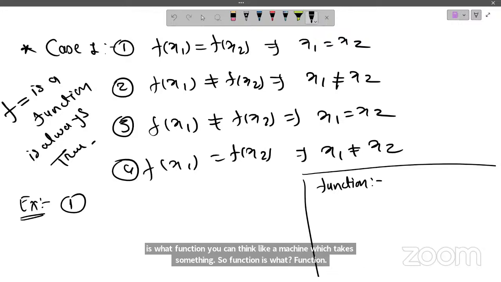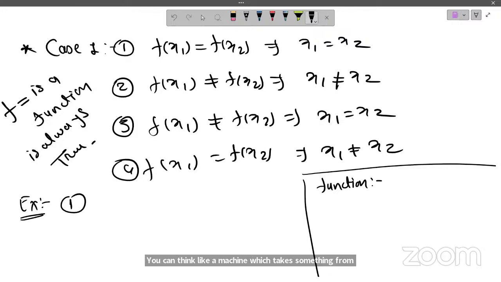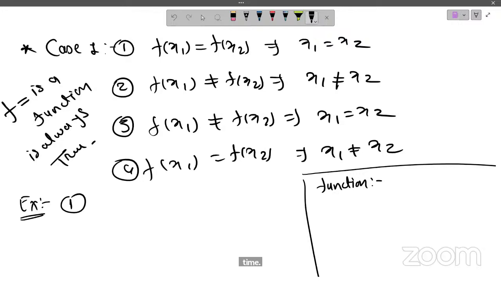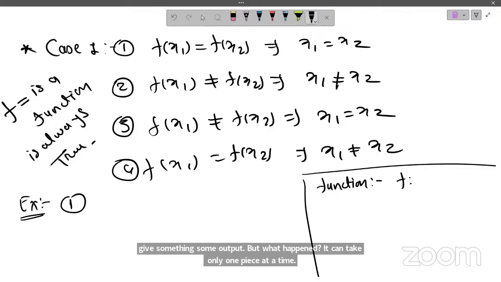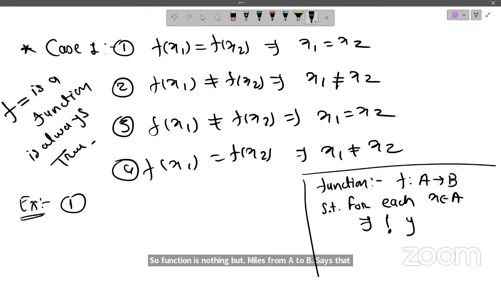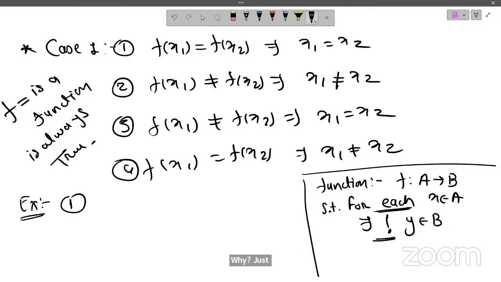But it can take only one piece at a time. It cannot take two pieces at a time. So a function is nothing but a map from A to B, such that for each x belonging to A, there exists a unique y belonging to B. Just remember these two words, each and unique.